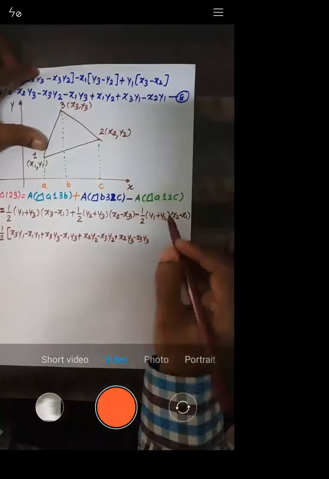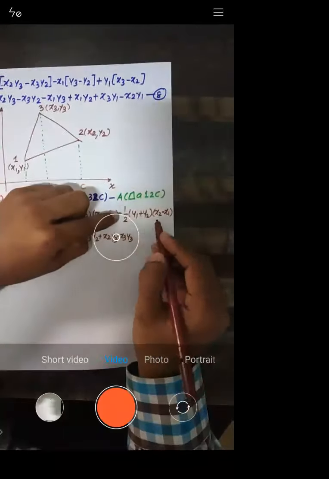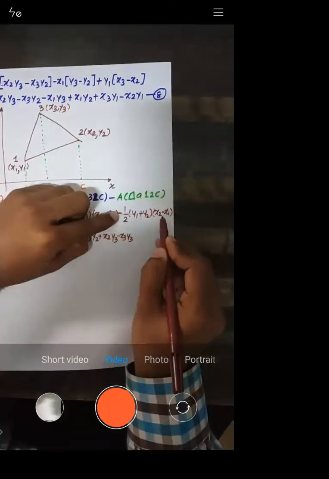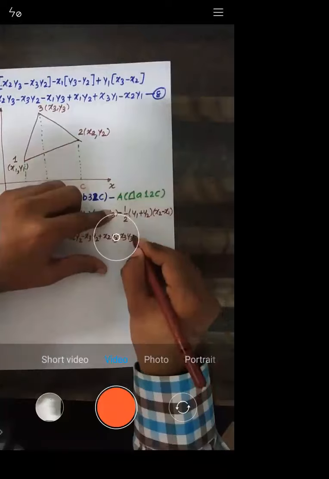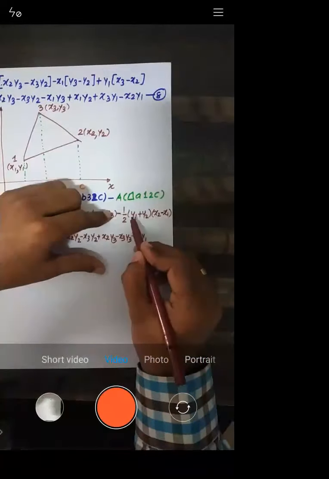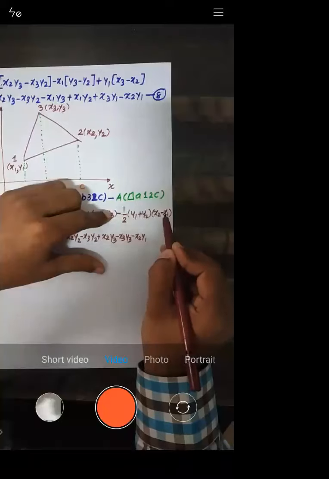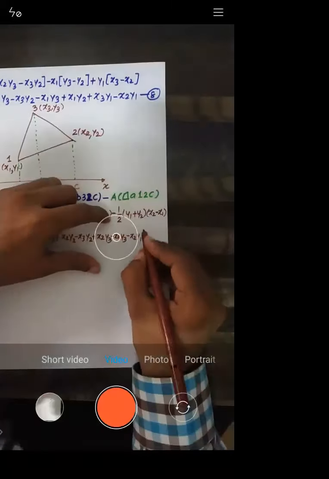Similarly, this I'll do. y1 into x2 is x2 y1, but the sign is minus, so this is minus x2 y1. Similarly, y1 into minus x1 is minus x1 y1 and again the sign is minus, so plus: this is plus x1 y1.